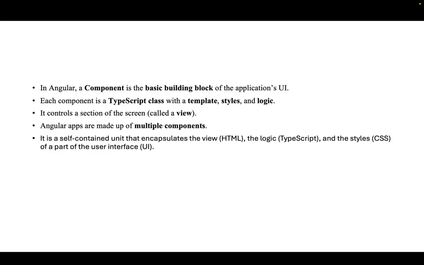Why does it provide modularity? Because components allow you to break down the UI into smaller, reusable and maintainable units. Each component can be deployed, tested and modified independently, and you can reuse a component inside a different component. The second point is encapsulation, because each component encapsulates its own logic, style, view, and unit test file.